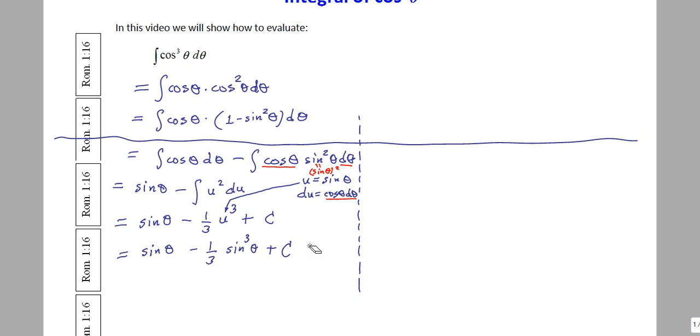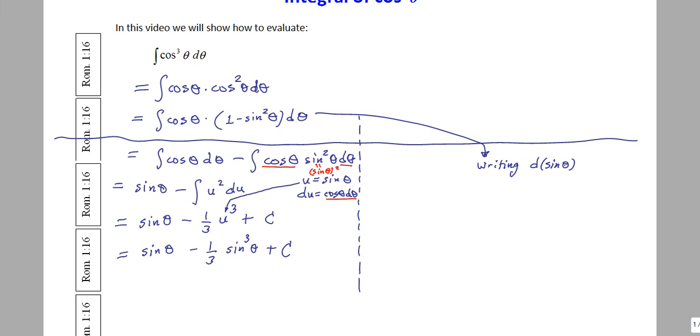Let me make a small diversion here on the right side of the page, and then we'll repackage this result in some ways that you may find in other resources and books. Another way of looking at this is to write, instead of d theta, d sine of theta.